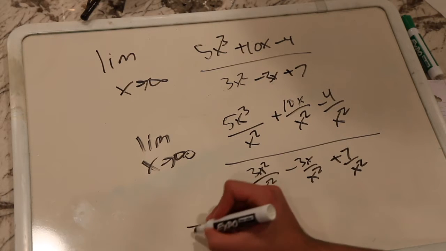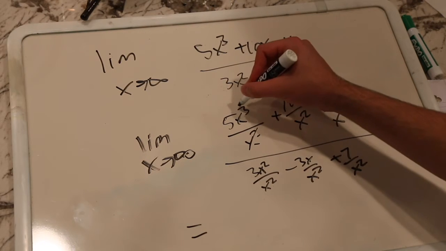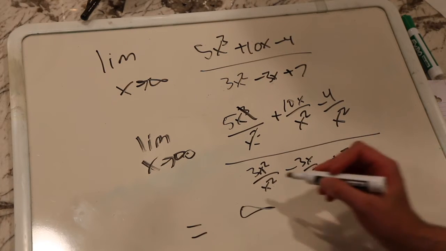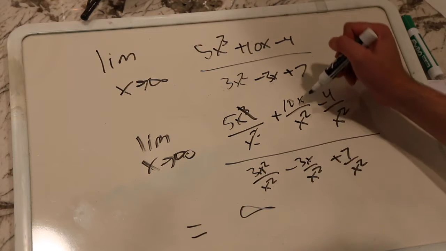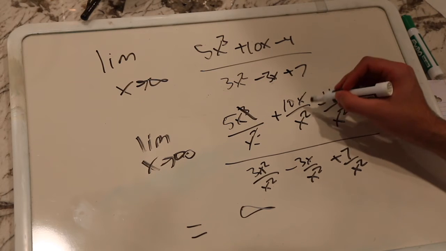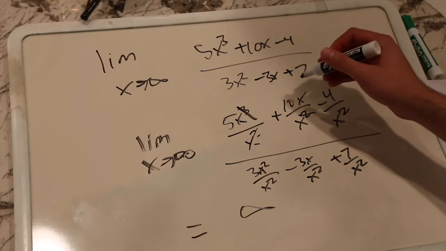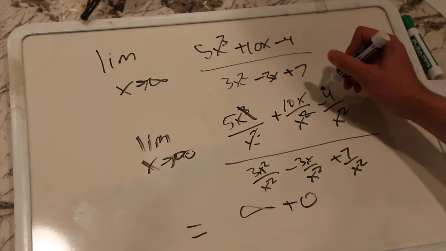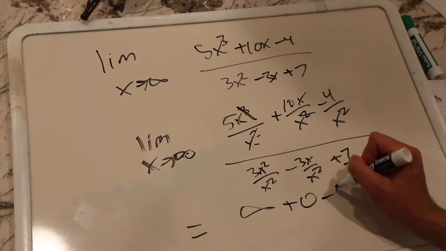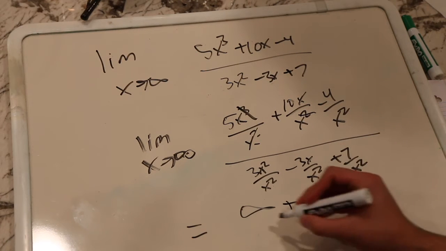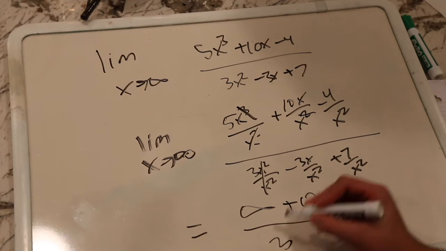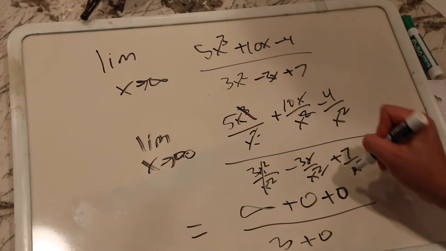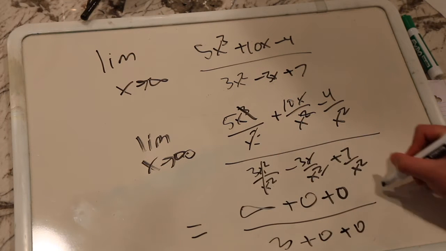So then this is going to equal, these are going to cancel out, so we're just going to have 5x, so 5x times infinity, that's going to be a very large number, and then it's going to be plus, this cancels out with this, so this is going to be 10 over a very large number, so it's just going to be 0, and this is going to be minus 4 over a very large number, so it's going to be 0, so plus minus doesn't matter, and it's all going to be over 3 minus 3 over a very large number, so 0, and then same thing, so it's going to be 0, so this is just going to be infinity.